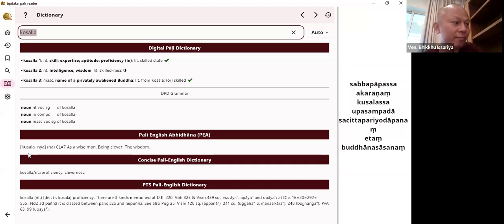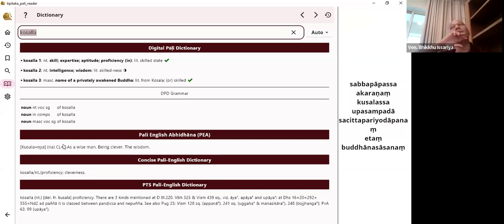And then in the concise dictionary, only cleverness is given. If we only know kusala, how can we know it becomes like this? Because when we check kusala in the dictionary, it does not show.